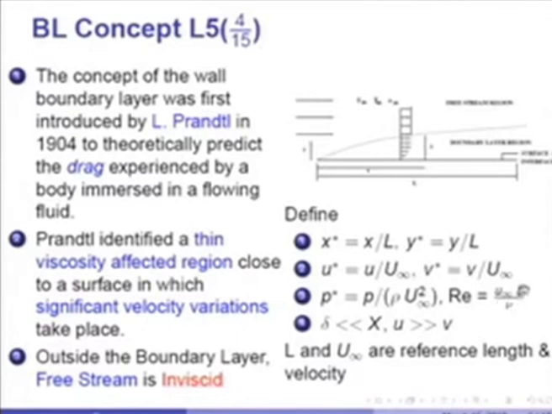This is the Reynolds number corresponding to reference length L, and the assumption, of course, is that delta is much less than x, and u, the velocity in the x direction, is much greater than v.